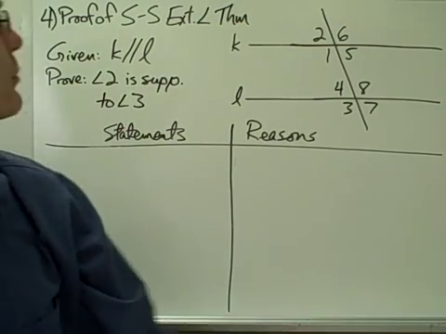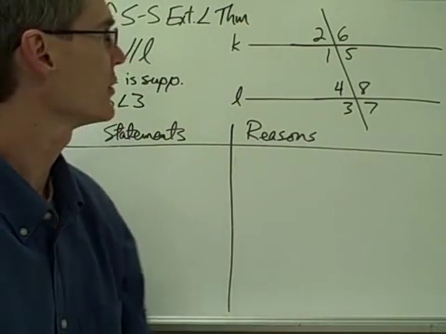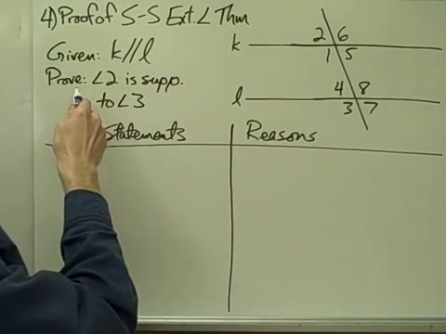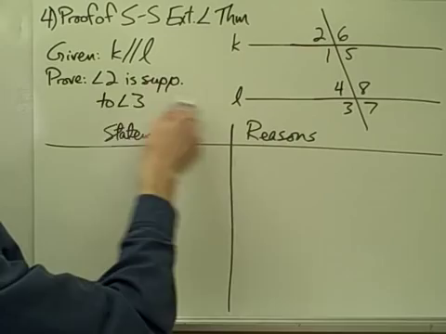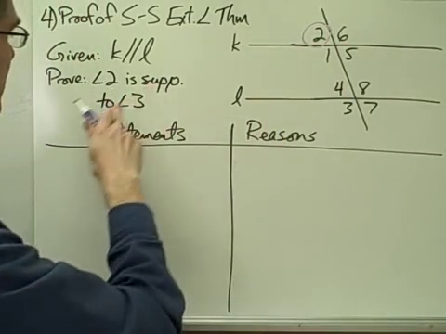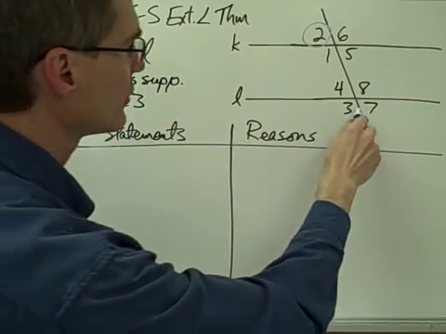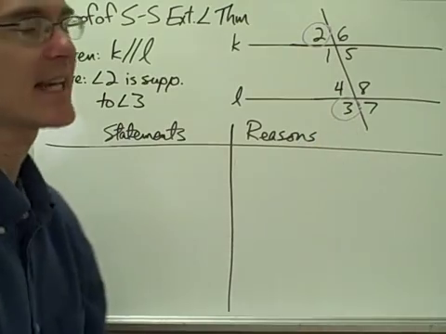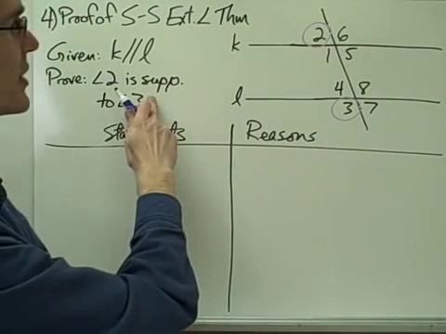Now finally, I want to prove the same side exterior angles theorem. And I'm going to state this theorem in given proof format. Given K is parallel to L, I want to prove angle 2 is supplementary to angle 3. So angle 2 and angle 3 are same side exterior angles, and I want to prove that they are supplementary.